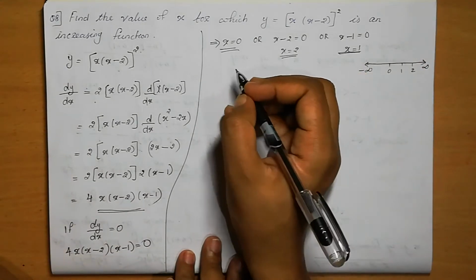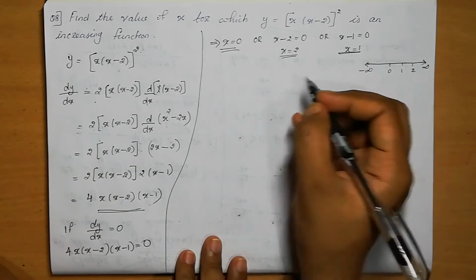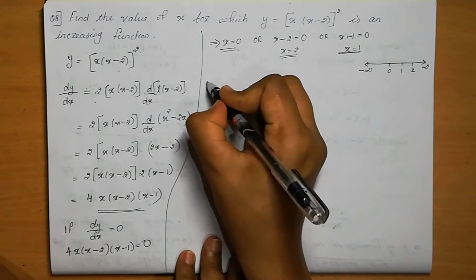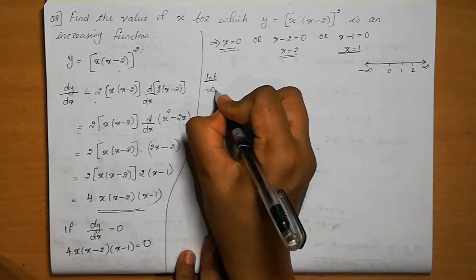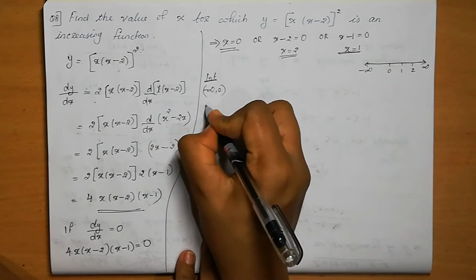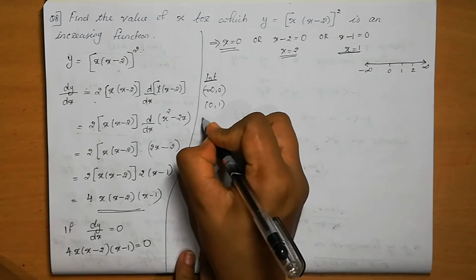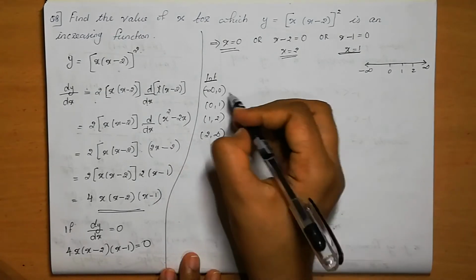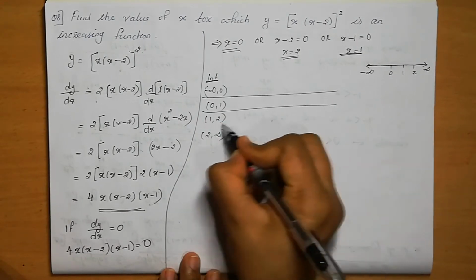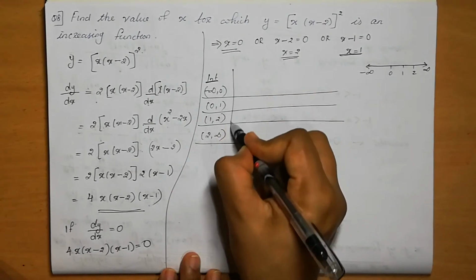So like a column we can write the intervals: minus infinity to 0, 0 to 1, 1 to 2, 2 to infinity. These are the intervals.